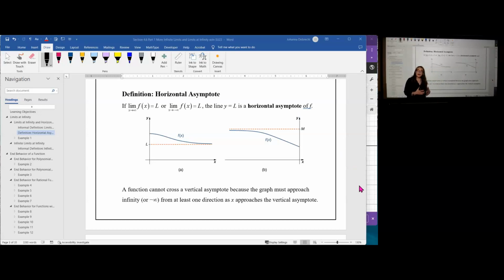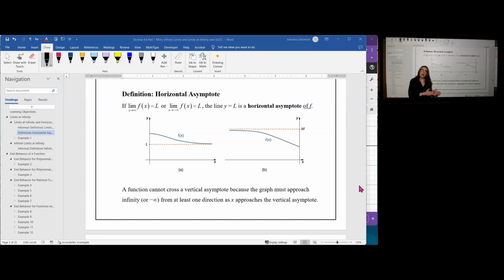Again, it does not have to be the same L on the left and on the right. We'll see that they are the same only when we have a rational function, the ratio of two polynomials. When it's not a rational function, we can get different horizontal asymptotes at the end behavior.